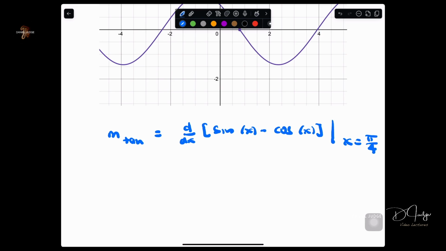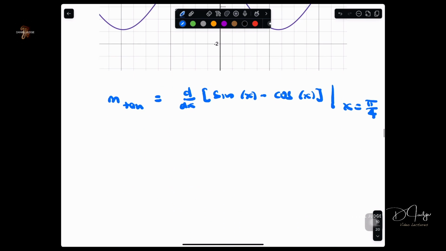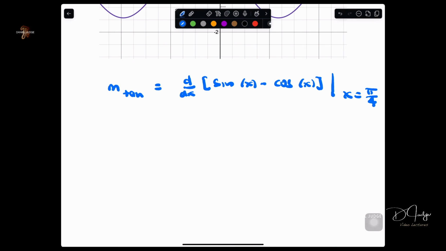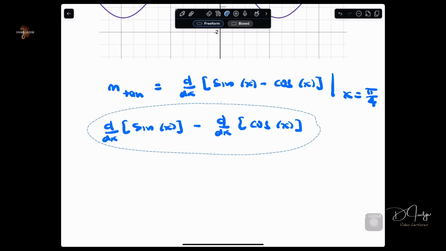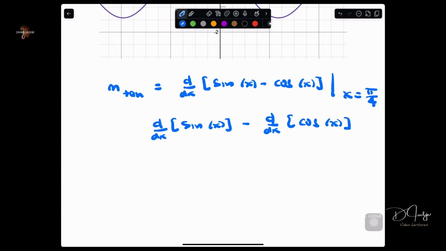Okay. Sine minus cosine. So derivative of a difference is difference of derivatives. Now this is m tangent. The derivative of sine is cosine.